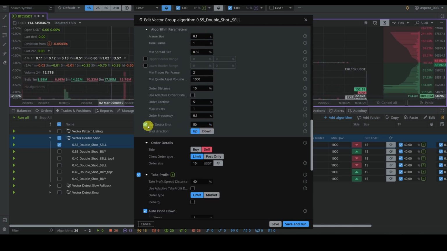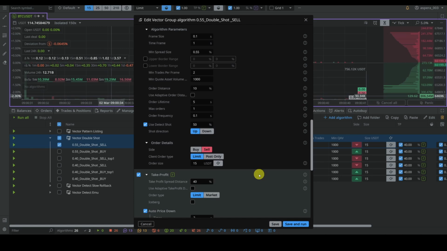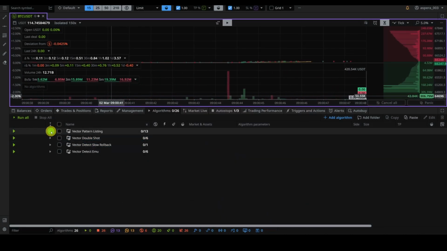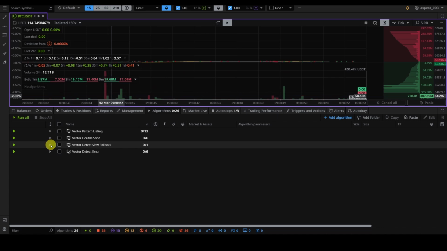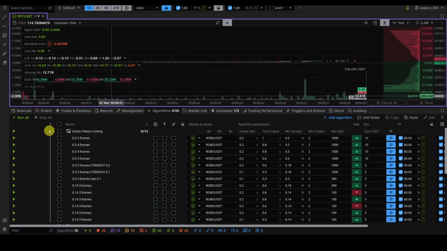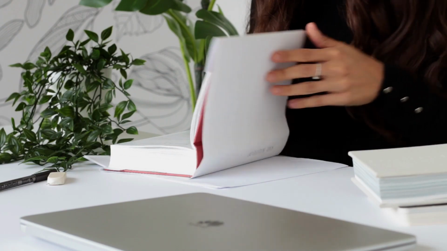The state of this checkbox transforms the algorithm into a totally different beast and has far-reaching consequences across all of the settings and the trading situations you are trying to cater to. So all your shot detect algos should be essentially treated pretty much separately from all your regular vector pattern algos. Now you know the whole story.